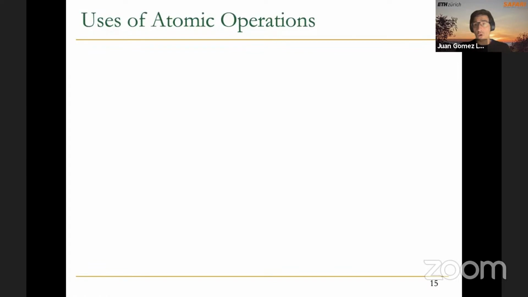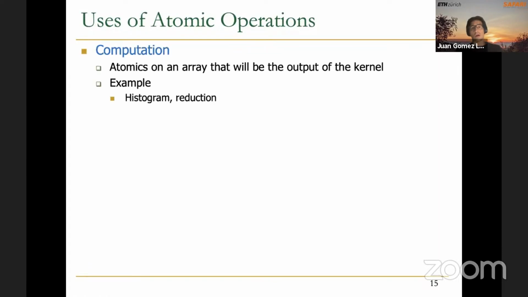And how are we going to use atomic operations? Well, I'm going to discuss very briefly different programs where we can use atomic operations. This is not a rigorous classification, and I'm not intending to do so. I just want to give you some examples of when atomic operations can be used. For example, we can use atomic operations for computation.